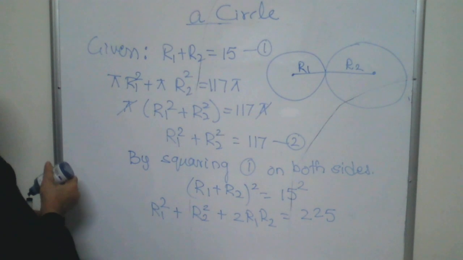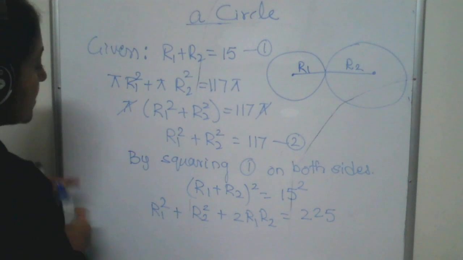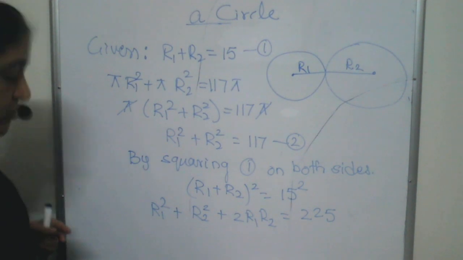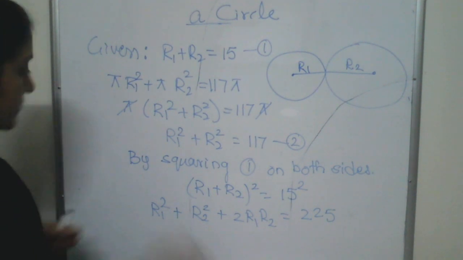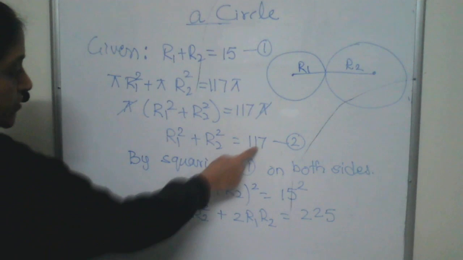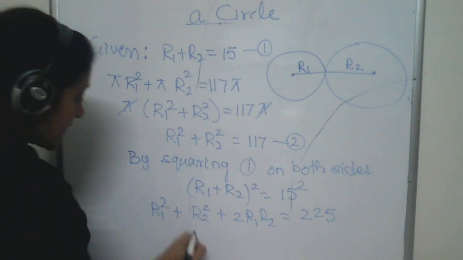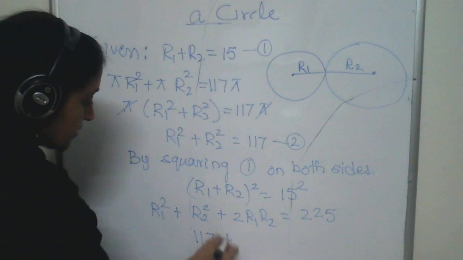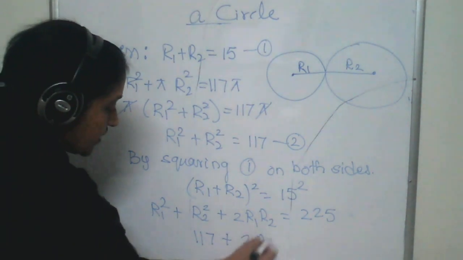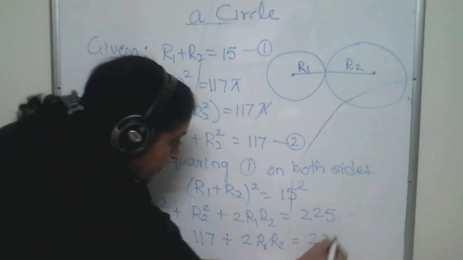Hence we could deduce the equation that r1 square plus r2 square is equal to 117. So we will use that here. r1 square plus r2 square is 117, so 117 plus 2r1 r2 is equal to 225.